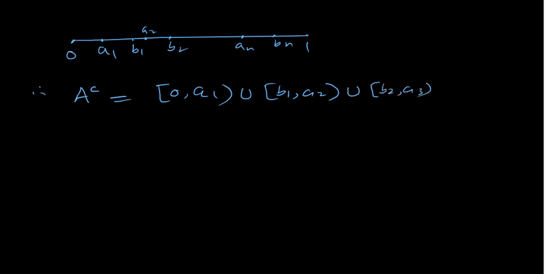ओके एग्जैक्टली. इसी तरह से आप कंटिन्यू करोगे इसकी यूनियन, आपके पास आ जाएगा BN माइनस 1 AN, और फाइनली आपके पास आ जाएगा BN 1.